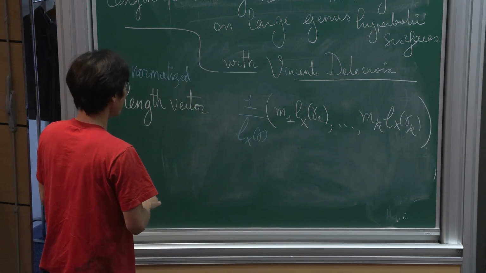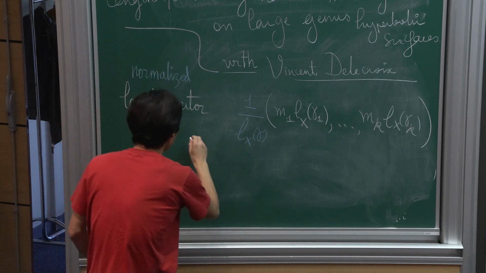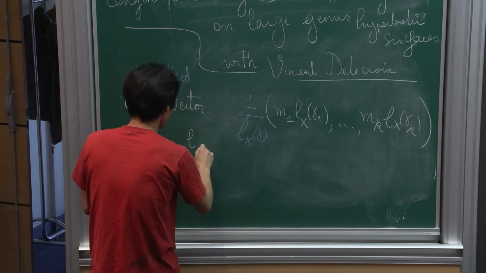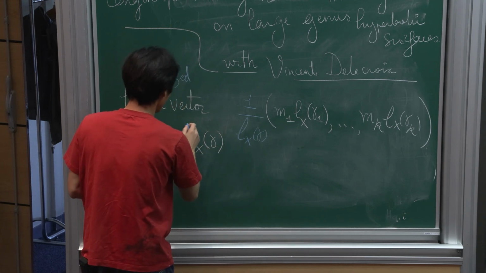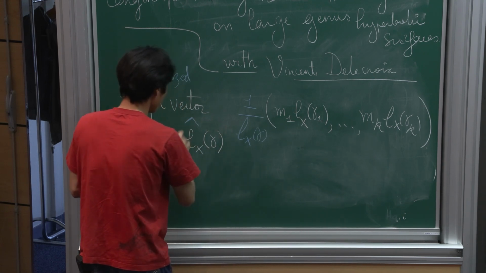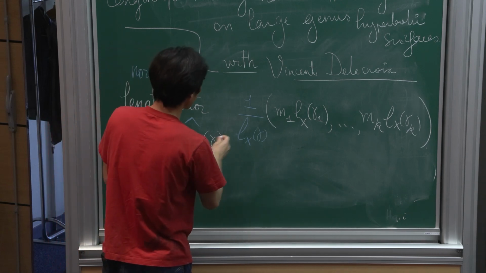And this vector will be denoted by L, but with a hat on it, to emphasize the fact that it's a unit vector.